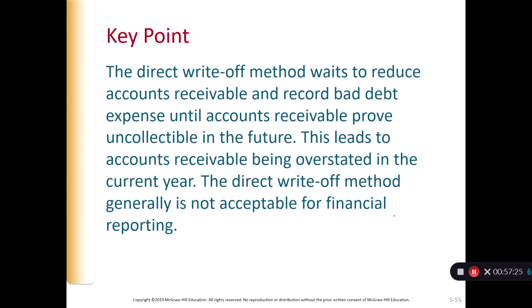Key point: the direct write-off method waits to reduce accounts receivable and report bad debt expense until the accounts receivable prove uncollectible in the future. This leads to accounts receivable being overstated all the time in the current year. Think about all the accounts receivable that might prove uncollectible.